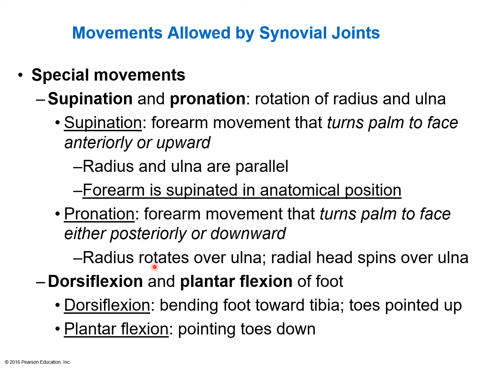And this is where we get that very unique movement where the radius rotates over the ulna so that they are no longer parallel. Basically what's happening is that the radial head, remember the head of the radius is very rounded, literally spins in the radial notch located on the ulna. So again, practice these.